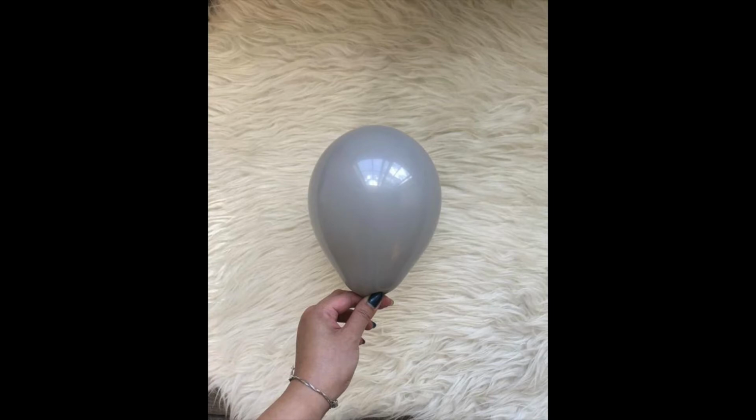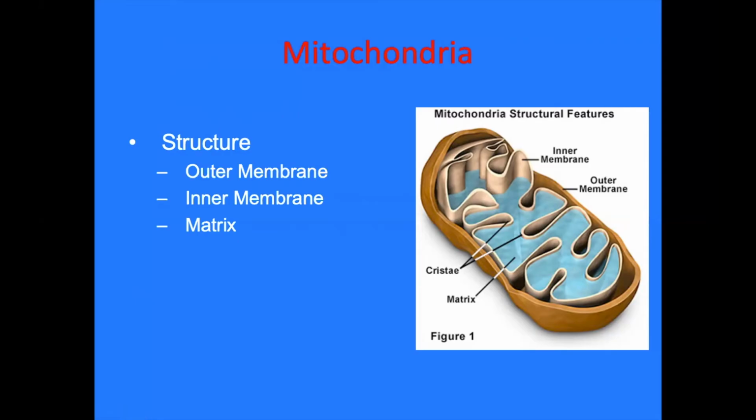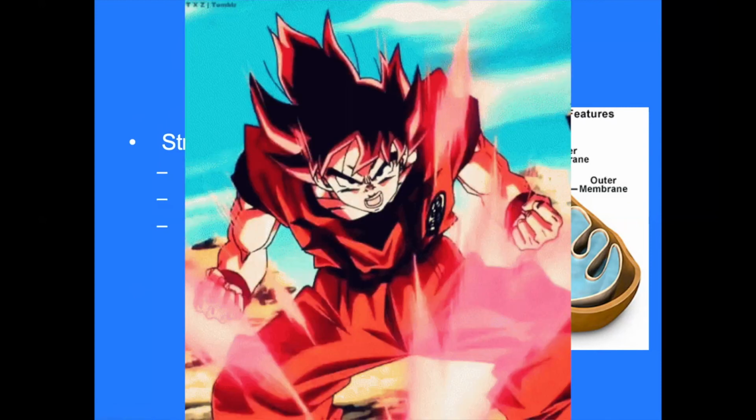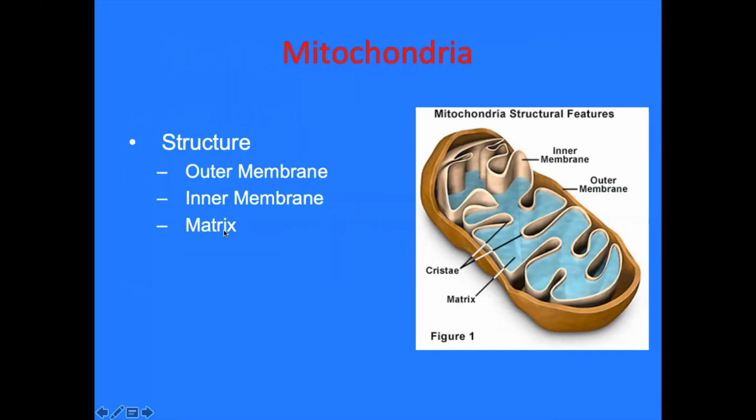There's a reason for that, because the chemical reactions taking place happen on this inner membrane. So the more of this membrane material you have, the more chemical reactions you get to have, and then the more energy you get. And then the matrix is just this liquidy goop floating around. That's where the molecules are floating around trying to get there. So that liquid is just so the molecules can get where they need to go.